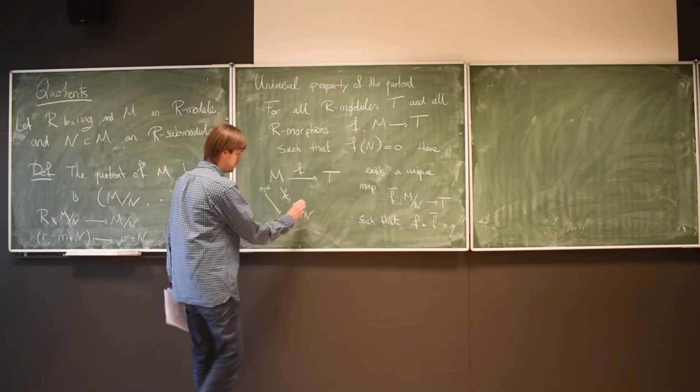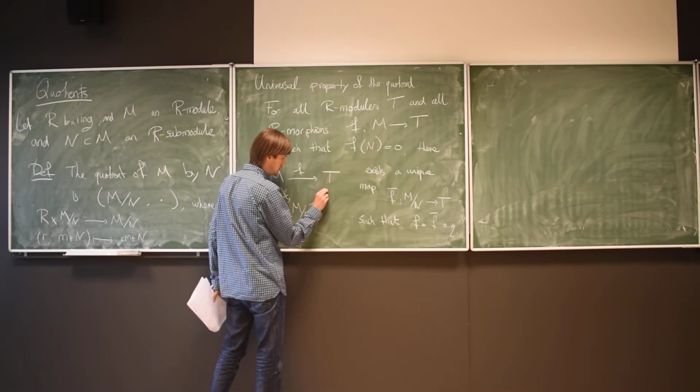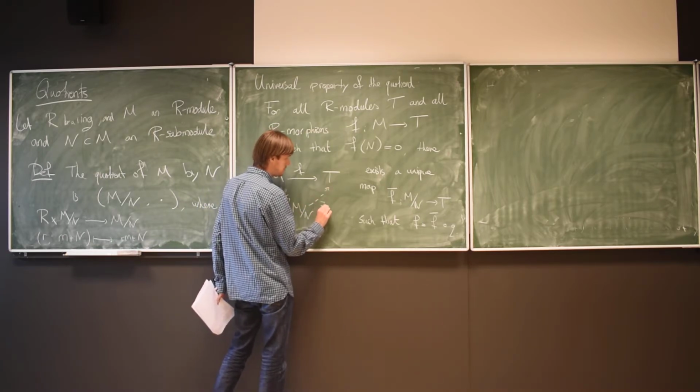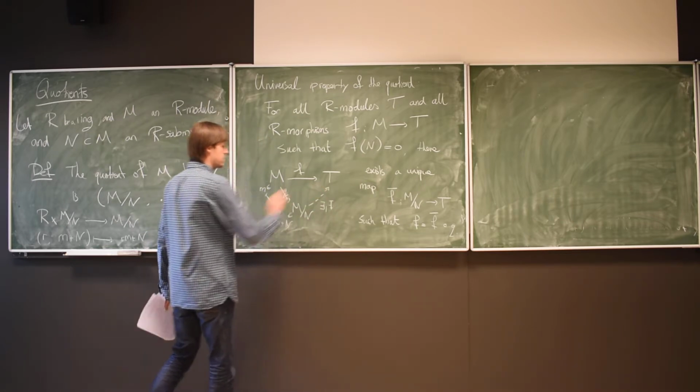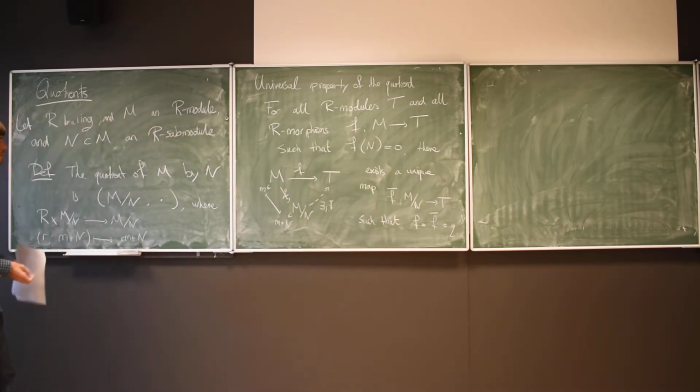So in the diagram I'm asking that there exists a unique map here called f bar that makes this diagram commute.